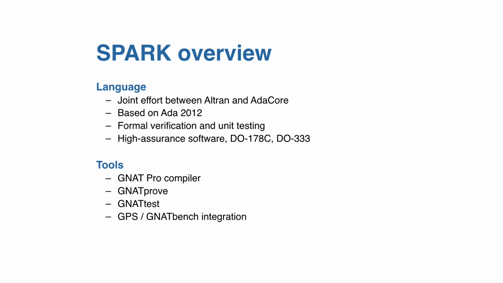For those parts of your application where you cannot apply formal methods, GNATtest, as Quentin explained, comes to the rescue because it generates test harnesses for you and leaves it for you to fill in the blanks and do the testing. All these three tools have already been fully integrated into our two flagship IDEs, GPS and GNATbench.